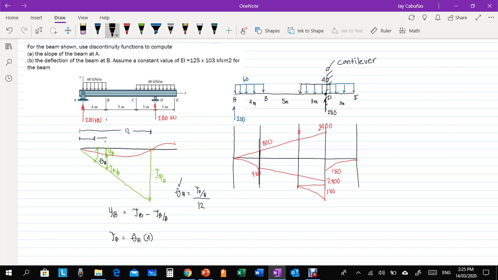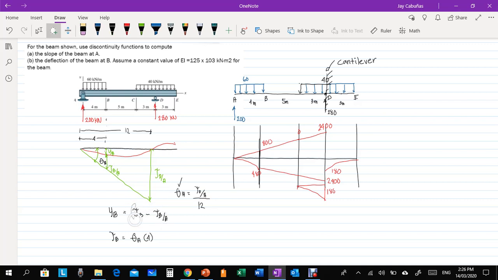Now, letter B, the deflection of the beam at B. This one. So this is the deflection at B. So to compute it, we need this height. This is the entire height. Let's say the entire height is deflection B. Okay, so therefore, deflection B minus this height, this height is deflection B relative to A. Right?